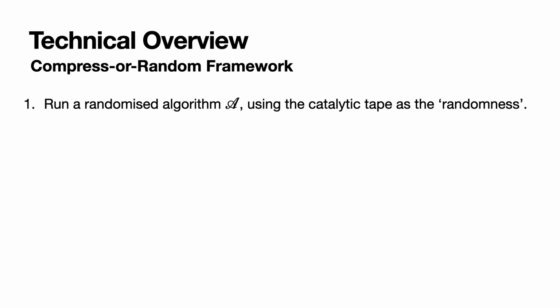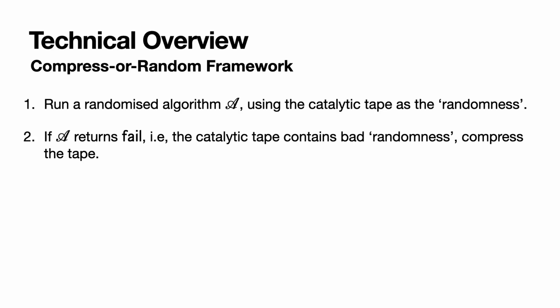Okay. Now, of course, the catalytic tape is not random, right? So it might fail. But if the algorithm fails, meaning the catalytic tape contains bad randomness, then we know that the catalytic tape contains a really specific string, right? It's not random, it's very specific. And using that specific structure, we can try to compress the tape. And that's exactly what we do. Okay? So let me tell you how to do that.